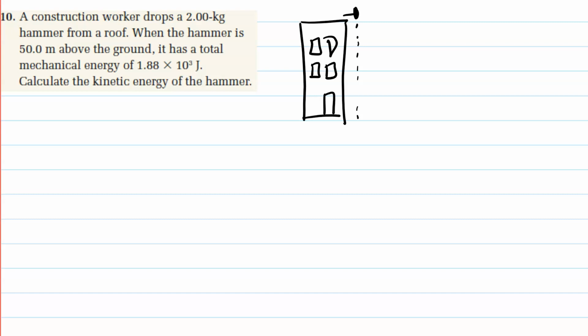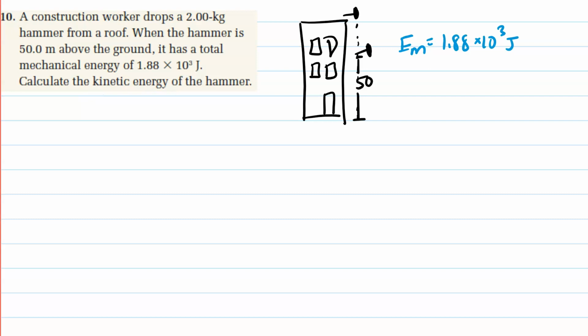When the hammer is 50 meters above the ground, so let's say the hammer dropped part way, and now the hammer's here at a height of 50 meters above ground. When the hammer's at that height, it has a total mechanical energy of 1.88 times 10 to the 3 joules. At that point, 50 meters above the ground, we want to calculate the kinetic energy of the hammer.